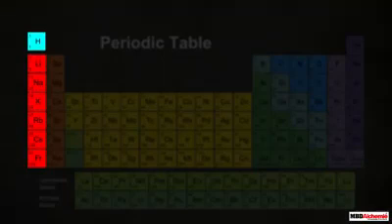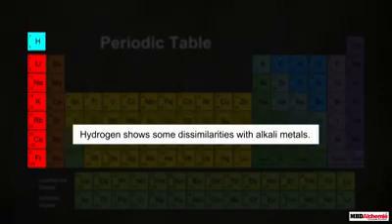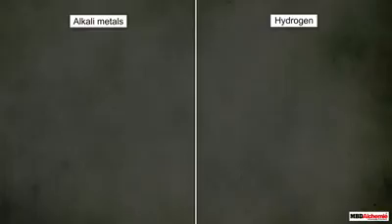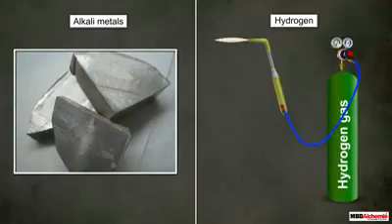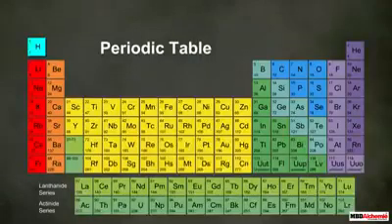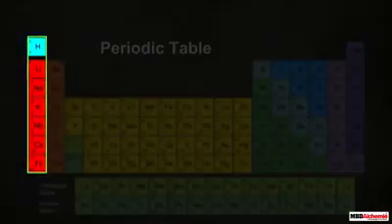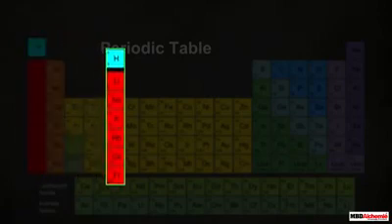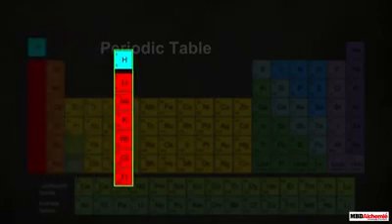However, it is still not placed with the alkali metals in group 1. It is due to some of its dissimilarities with these elements. For example, alkali metals are solids at room temperature, whereas hydrogen is a gas at room temperature. Another difference is in the ionization enthalpies of the alkali metals and hydrogen.